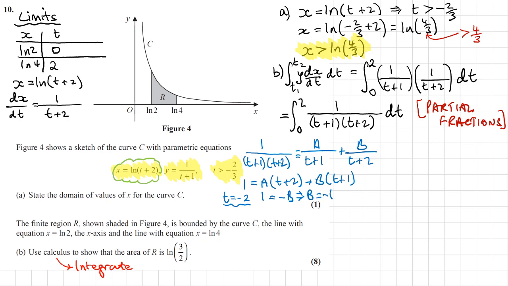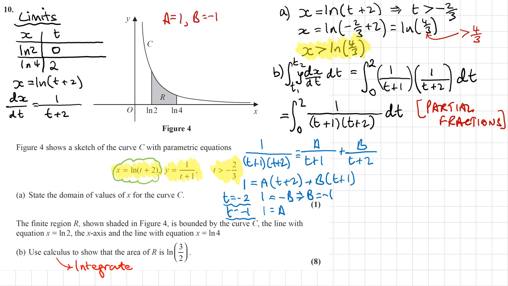Okay, now I'll make t equal to negative 1. That's going to allow this part to disappear. So if I put negative 1 here, negative 1 plus 2 is 1. So I'll end up with 1 equals a, or a equals 1. So I'll just write that up here, because I'm going to rub this out in a moment. A equals 1, b equals negative 1.